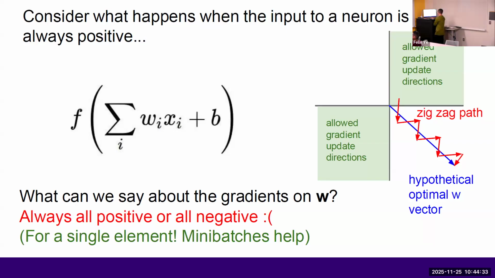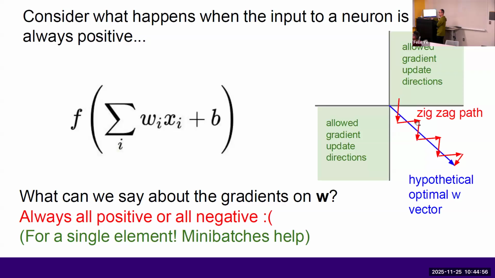But if the ground truth, the optimal W vector, should go this way, which is shown by the blue vector, what you are doing with the sigmoid is only a zigzag path, because you can only take this direction, into the third quadrant.